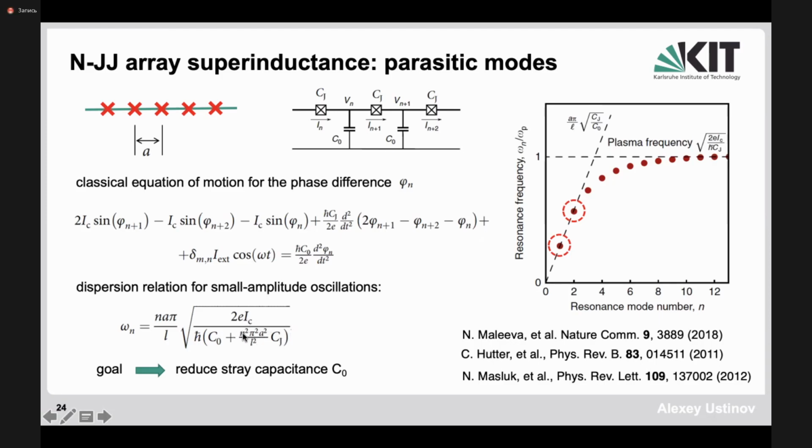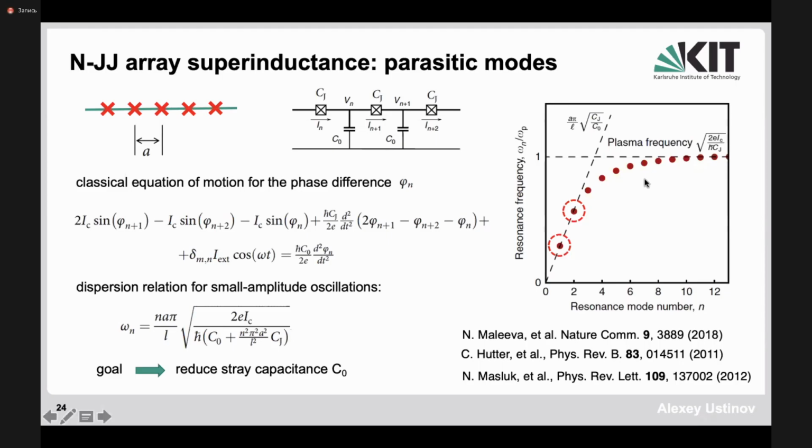This n actually enters also in the denominator here, multiplied by the capacitance of the junction, and now this factor C0 is quite small. Therefore, the characteristic frequency of the array, of the first mode, can be quite high.